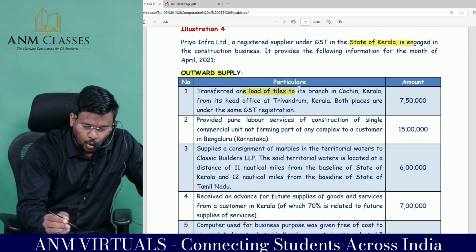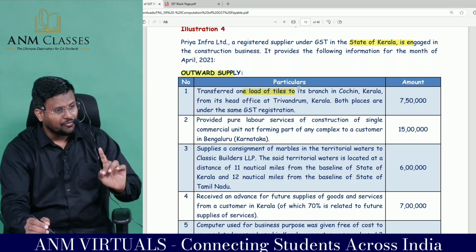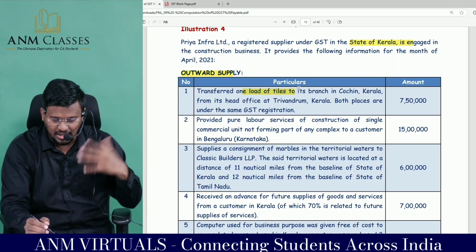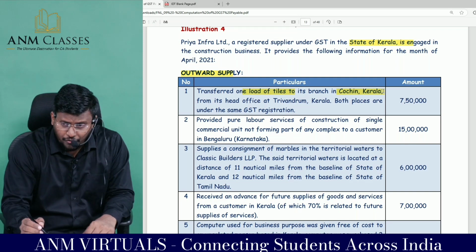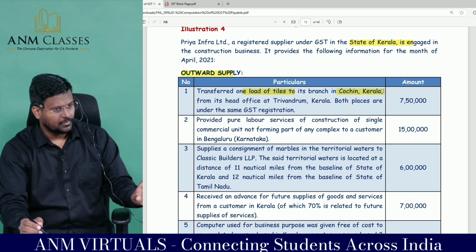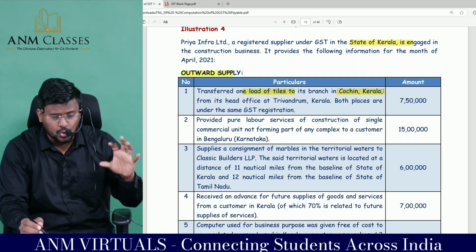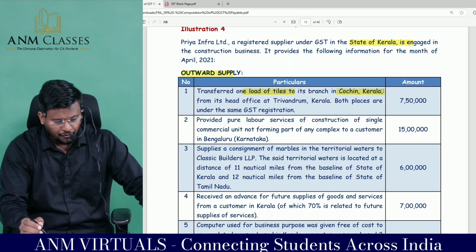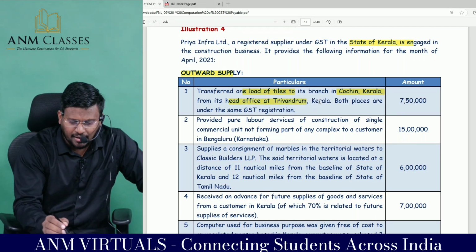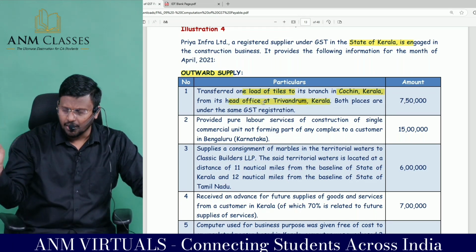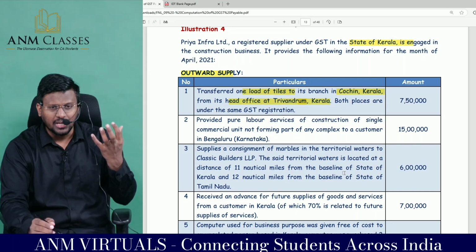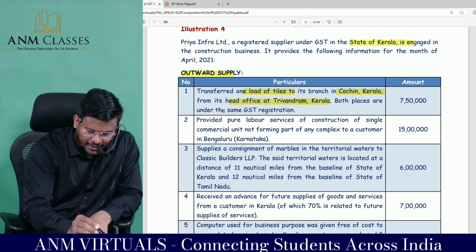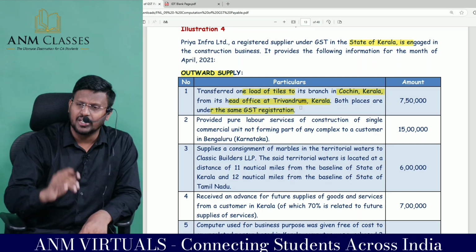Transferred one load of tiles. Tiles they have sold, transferred to its branch in Cochin, Kerala, from its head office at Trivandrum, Kerala. Both places are in Kerala, under the same GST registration.